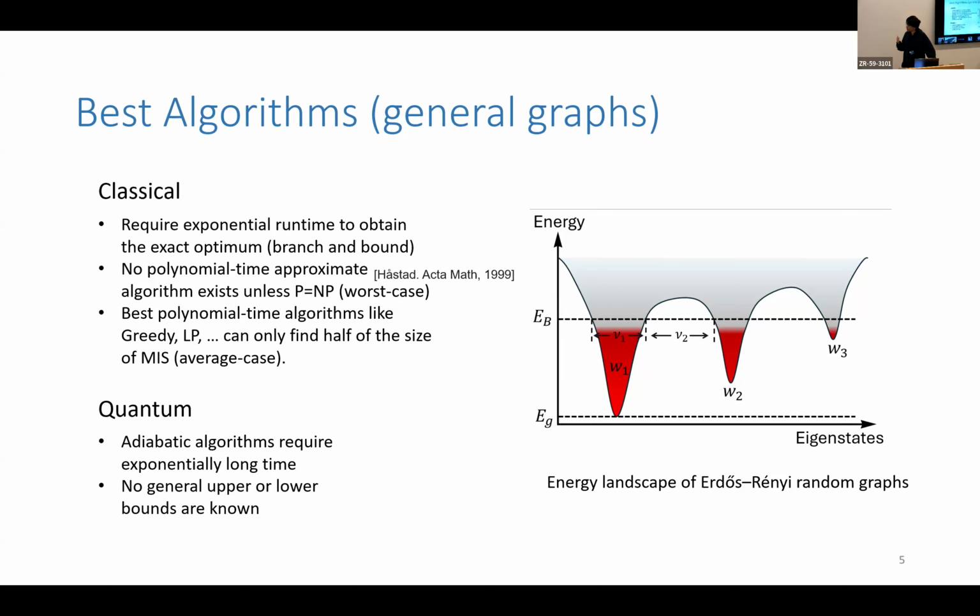The goal of the problem is to find the global minimum, but there are exponentially many local minima on the energy landscape, so that once we run any local search or optimization algorithm, it is likely to be stuck at one of the exponentially many local minima. That's where the hardness comes from. This picture would also be useful for our quantum algorithm because the energy here is essentially the same as the energy in the quantum devices.